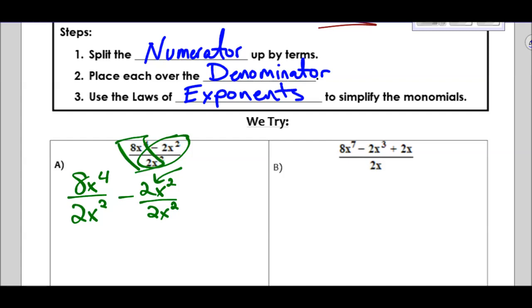8x to the fourth divided by 2x squared. I'm going to divide the coefficients. I divide these two numbers and I subtract the exponents. 8 divided by 2 is 4, and I'm subtracting those exponents. That becomes x squared. 4 minus 2 gives me 2.